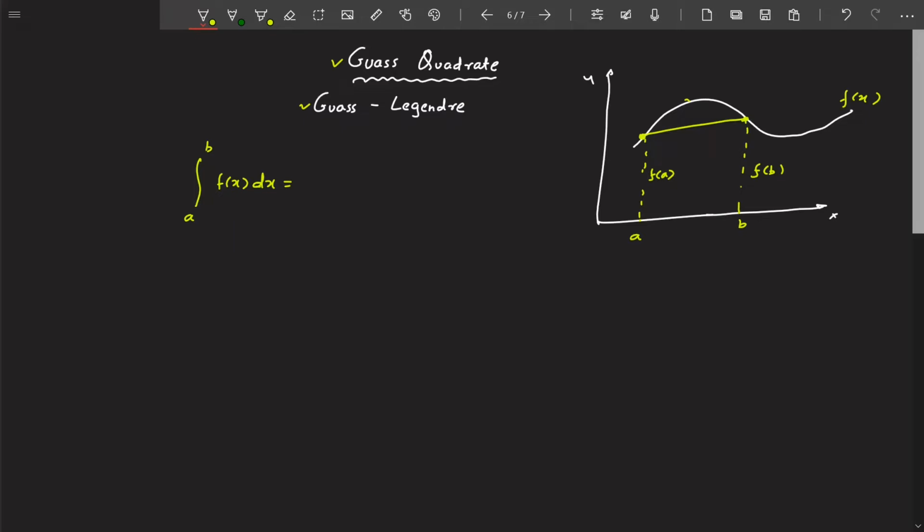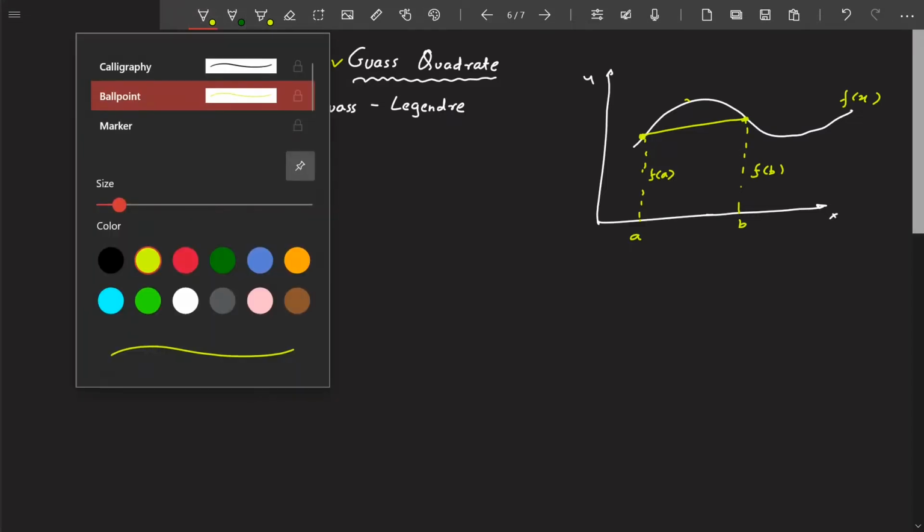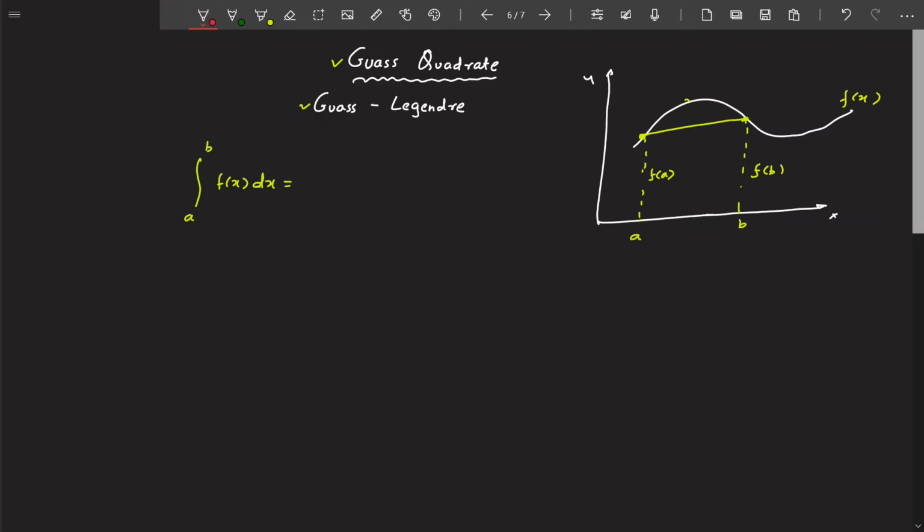One thing you might have noticed at this point is that in all the methods that we have discussed, we have always kept these endpoints fixed. When you talk about Newton-Cotes methods, we kept these endpoints fixed. What if we had the freedom of not fixing these points, of placing them as per our wish?